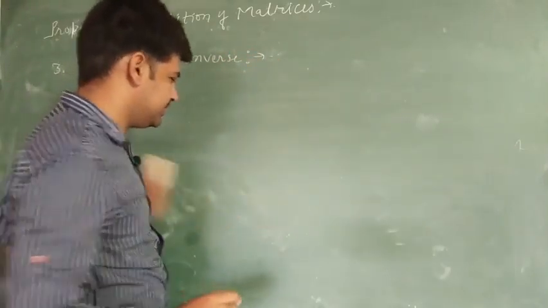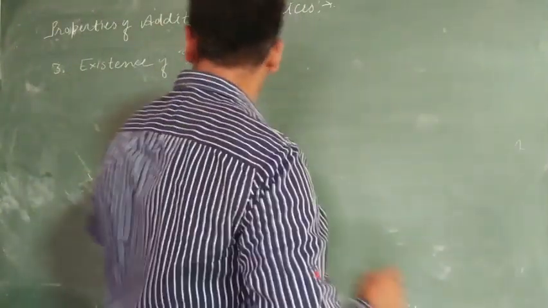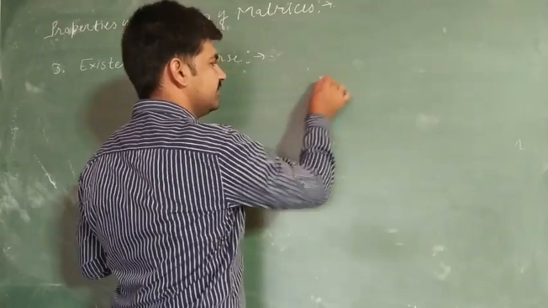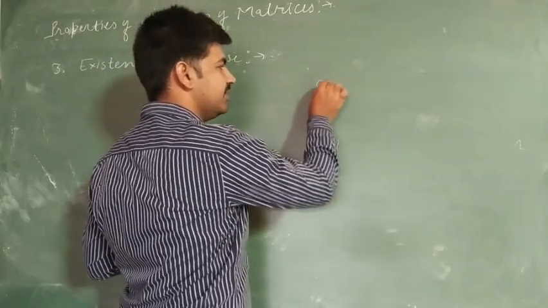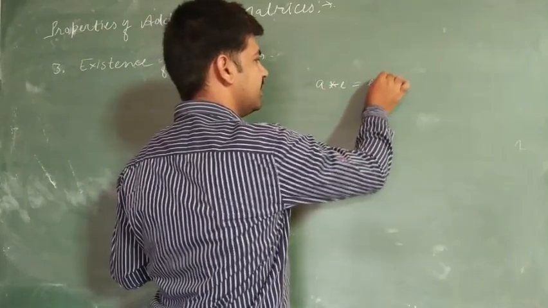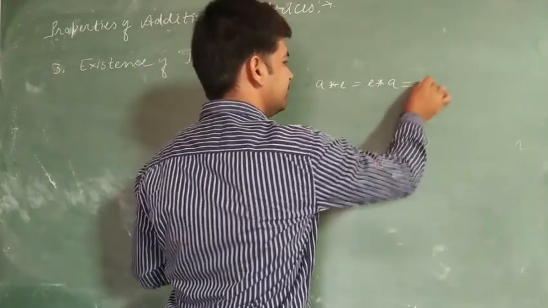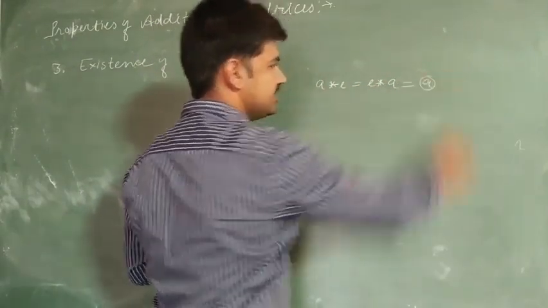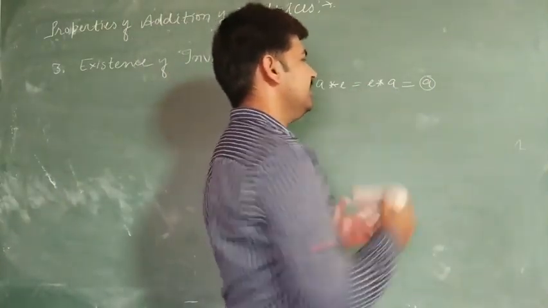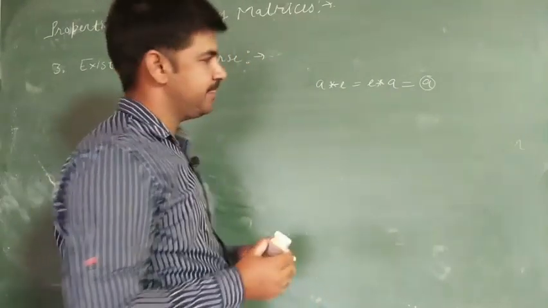Dear students, if you have studied the binary operations carefully, then we know that for an operation star, A star E is equal to E star A is equal to A, then E is called the identity for the operation star.